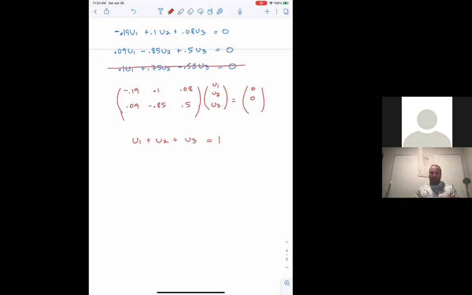This is a Markov chain, which is a system where we're calculating likelihood of events. By requiring U1 plus U2 plus U3 to be equal to 1, we're in the spirit of probabilities, remembering that every column has to add to 1.